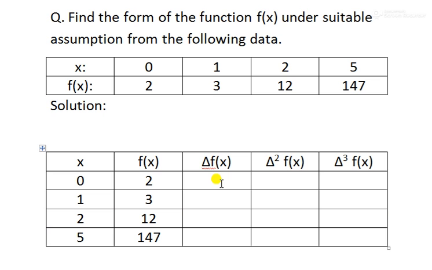We subtract 2 from 3, that is 3 minus 2 divided by 1 minus 0.